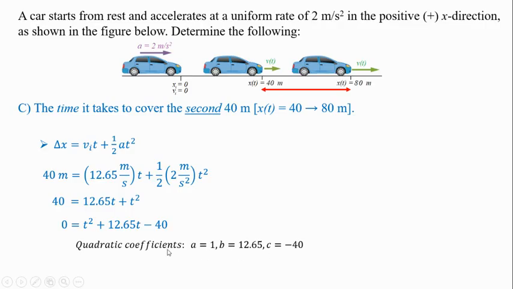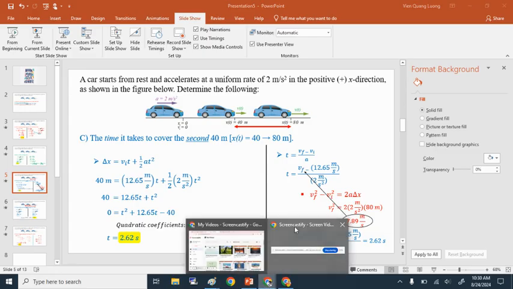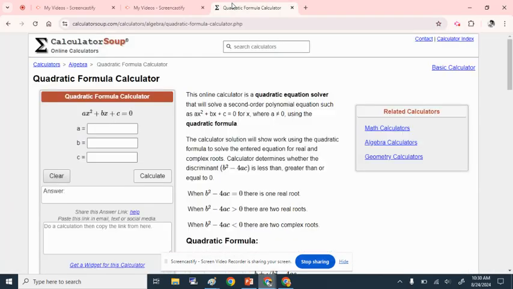I hope you have quadratic solver on your calculator. If not, you can download it or write your own program. Okay, but here I'm just going to use the internet. So here I have a quadratic solver all ready to go on the internet. Here my a was 1, my b was 12.65, and then my c is a negative 40.